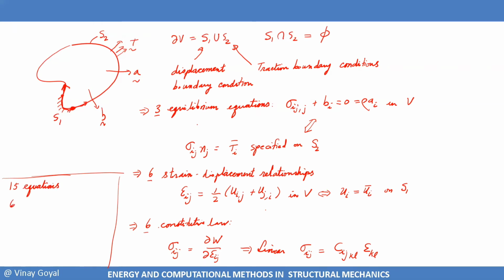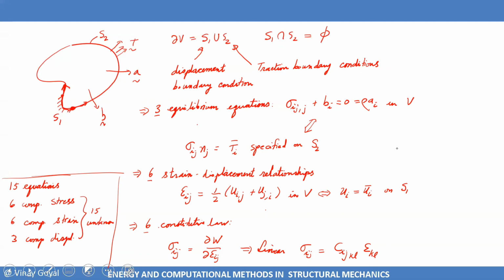I have 6 components of stress, 6 components of strain, and then 3 components of displacements. That's 15 unknowns. So 15 unknowns and 15 equations, that will take us to trying to solve these equations.